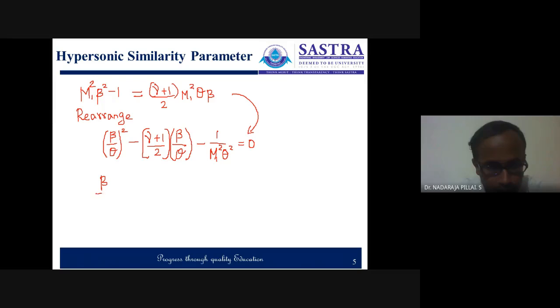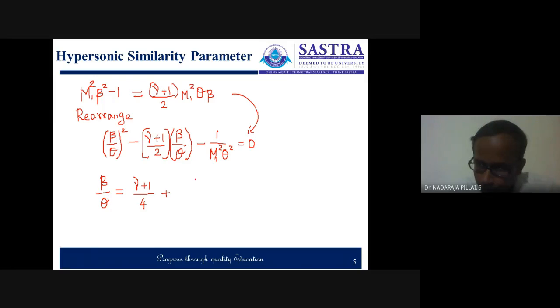So beta by theta is equal to, so we know that minus b plus or minus root of b square minus 4ac by 2a. I hope you remember. So here I write this as gamma plus 1 by this 2 into 2 become 4.